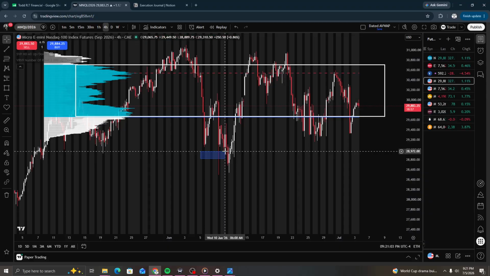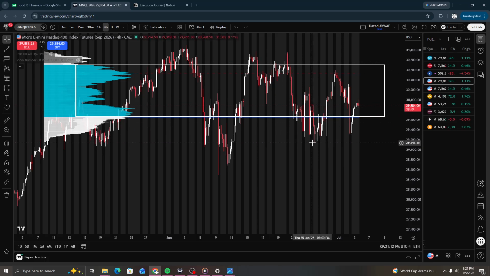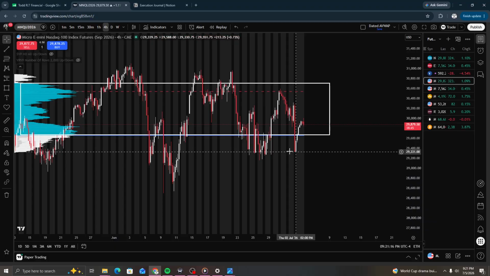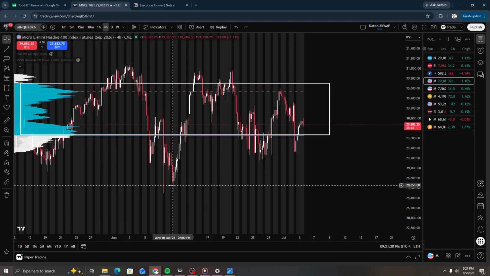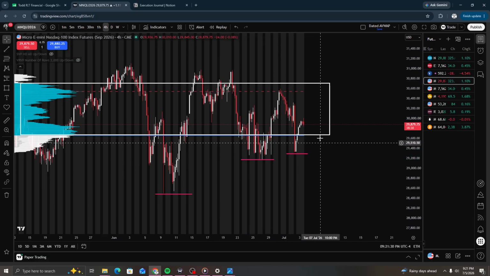We went from value area low up to the high. This to me does not look good bullish wise. When it's too obvious that we have higher lows getting developed, that makes me question.